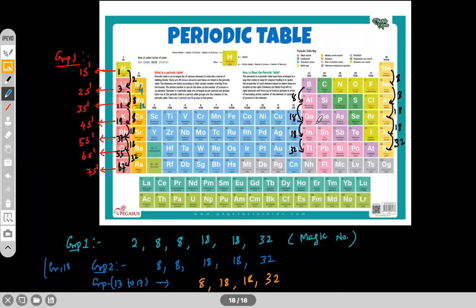Now, the next thing you write down: how do we predict the position of an element in the periodic table? Okay, so I'll just show you how to do this.